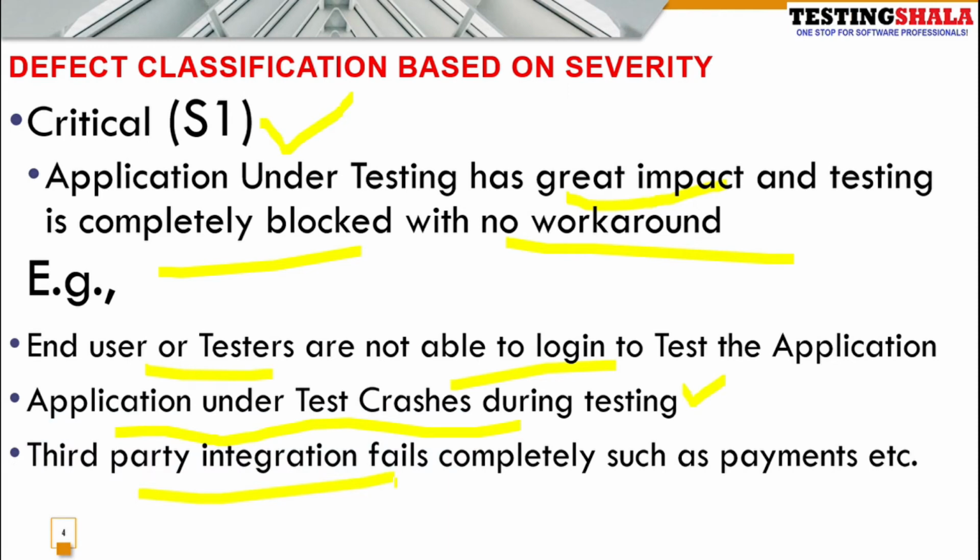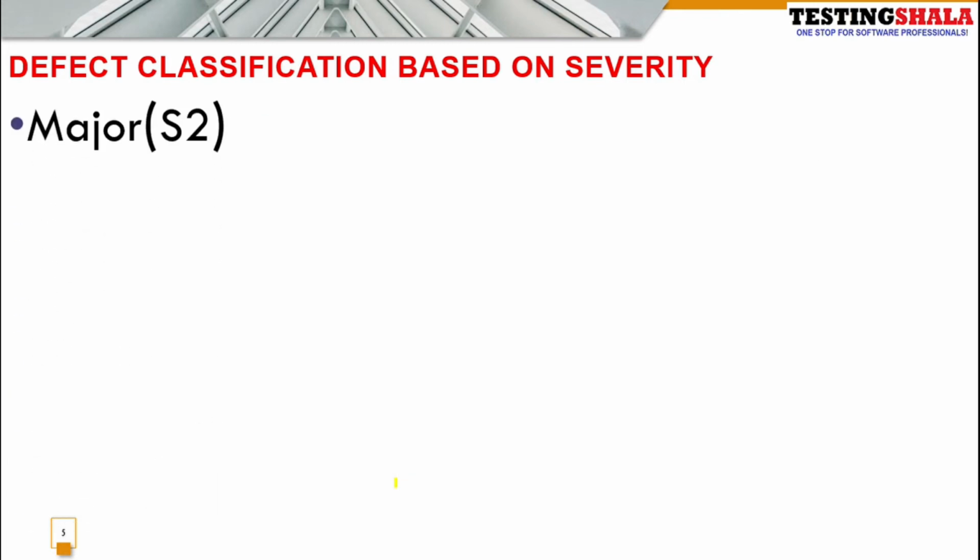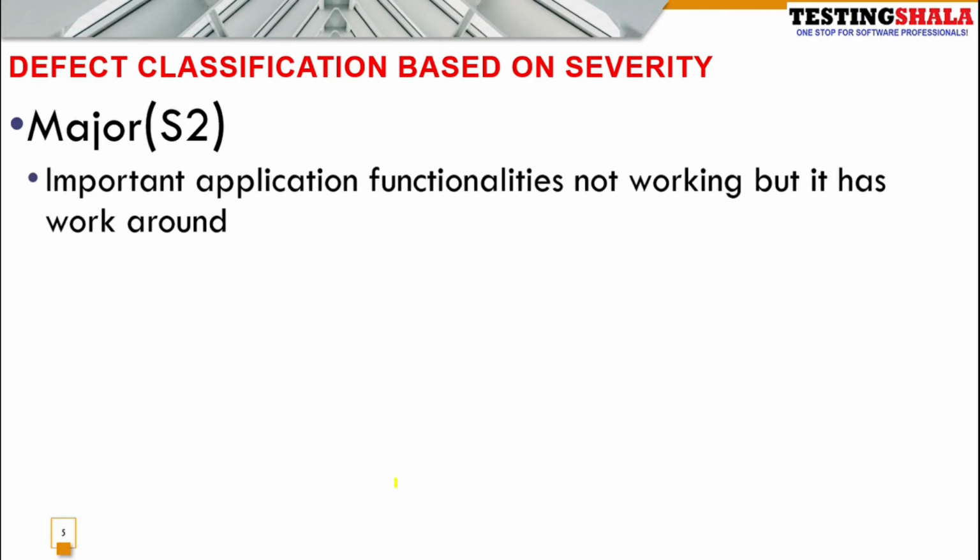Then the second type of severity is major severity, which is S2. Which defects do we classify as major? Major defects are issues impacting important functionalities in a given application which are not working, but there is a workaround.